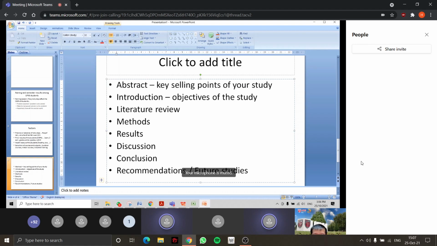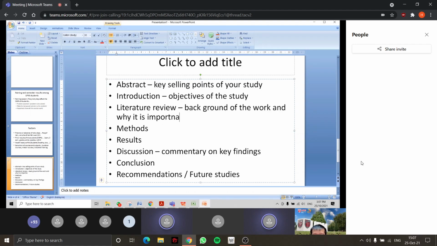Lit review is about the background of your work. And then conclusion. This is one thing that people always overlook.